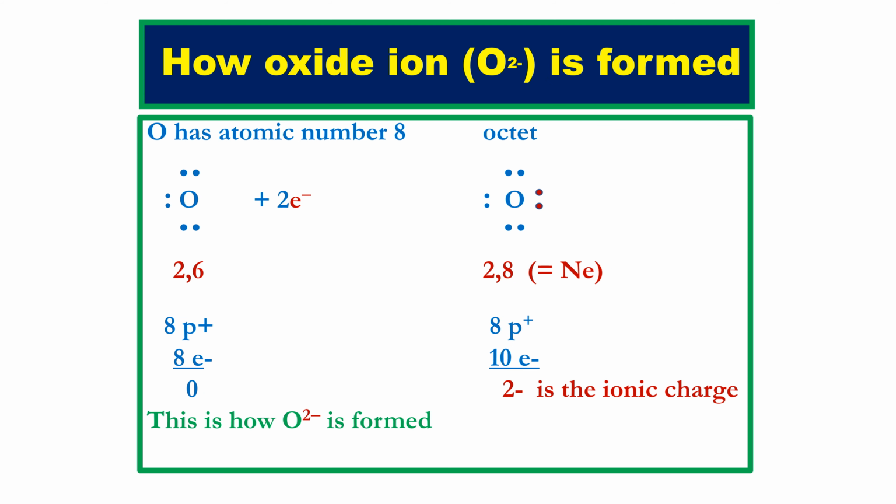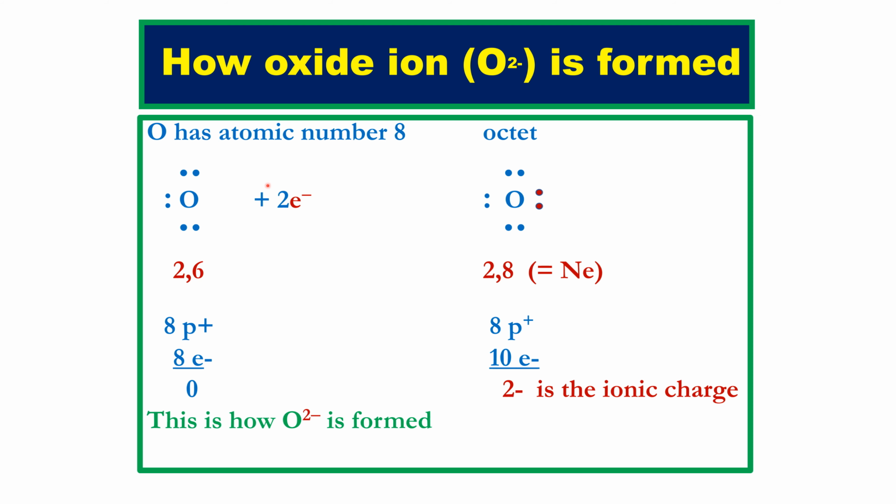We now look at how oxide ion is formed. Oxygen has atomic number 8. Its electronic configuration is 2 electrons in the first shell and 6 electrons in its outermost shell. This is oxygen, having 6 electrons in its outermost shell.